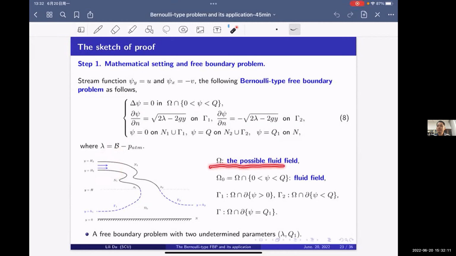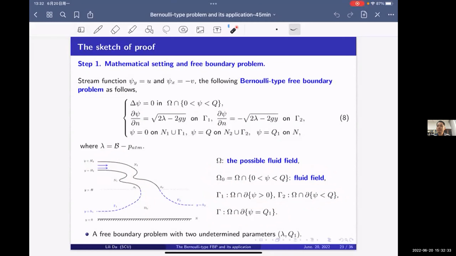Ω is the possible fluid field. Ω0 is the fluid field. Γ1, Γ2 are the left free boundary and the right free boundary respectively. Γ is the interface between the two fluids with different downstreams.